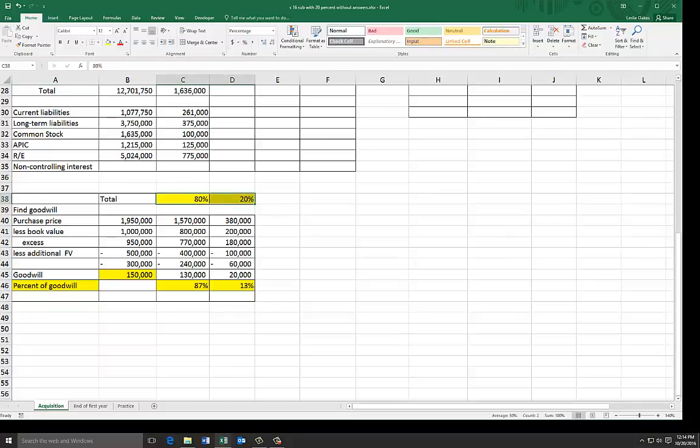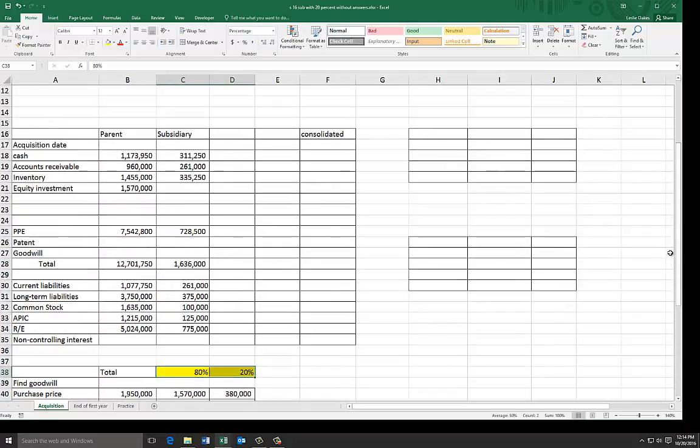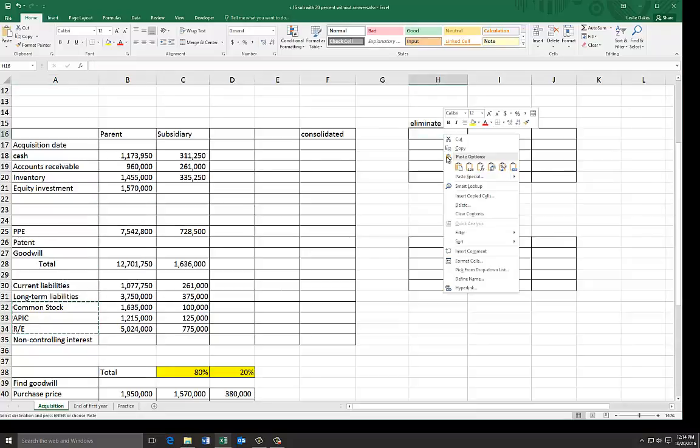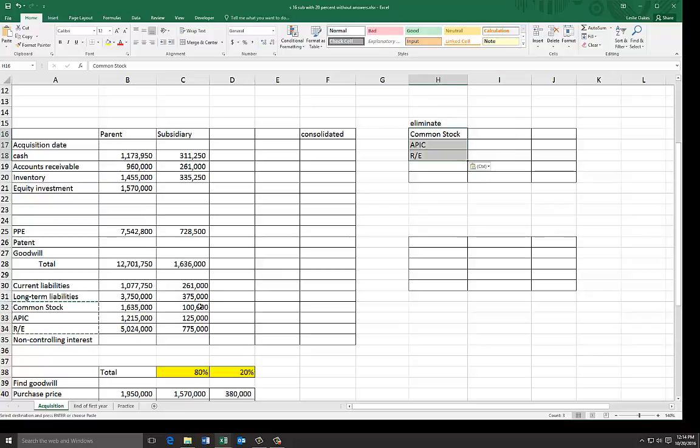Is that going to affect this first set of entries that we make on the consolidation date, the acquisition date? Well, we'll have to see. The first thing that we want to do is to eliminate the duplicate shareholders' equity. We have some common stock, additional paid-in capital, and retained earnings. I'm going to debit those to eliminate them. Do we worry about beginning of the year?